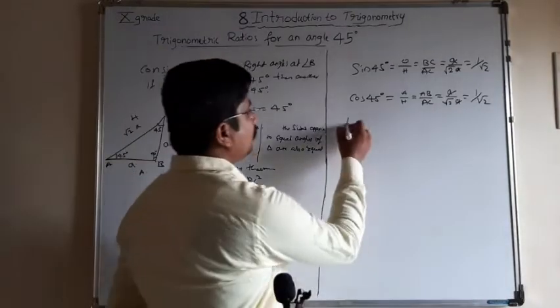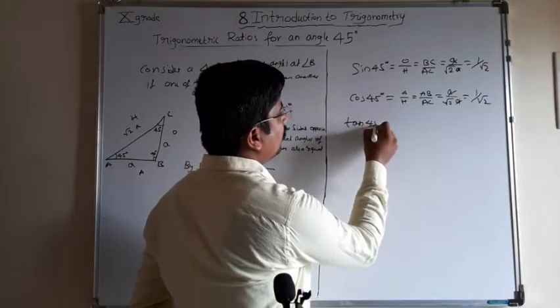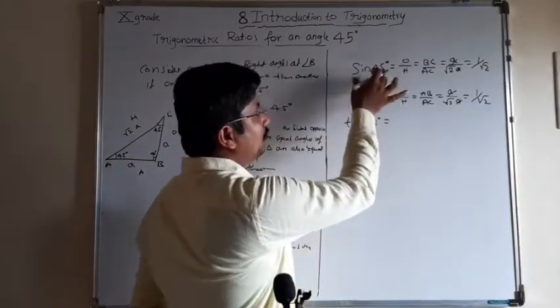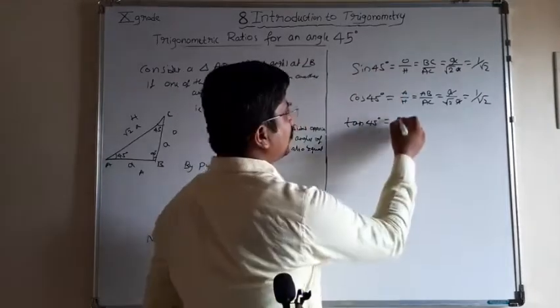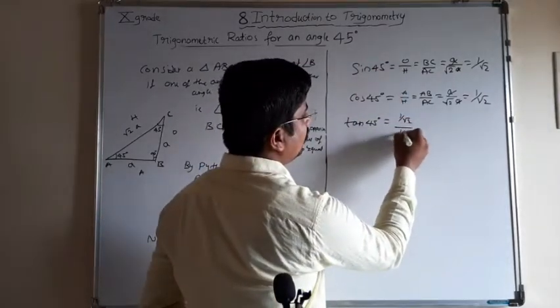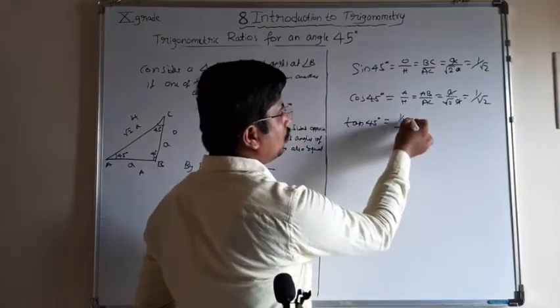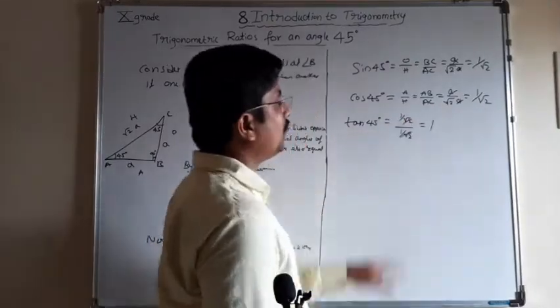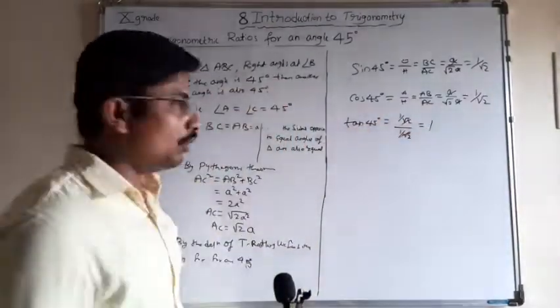Then what about tan 45? Tan 45 degree is equal to sin 45 degree divided by cos 45 degree, that is 1 upon root 2 divided by 1 upon root 2. Root 2 will get cancelled, we are left with 1. Therefore tan 45 degree is equal to 1.